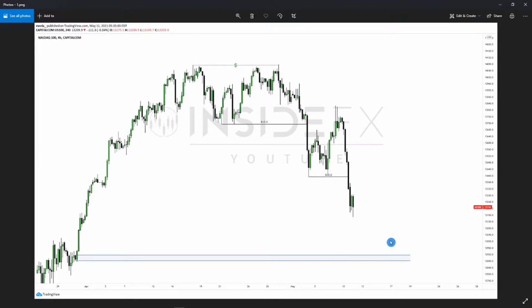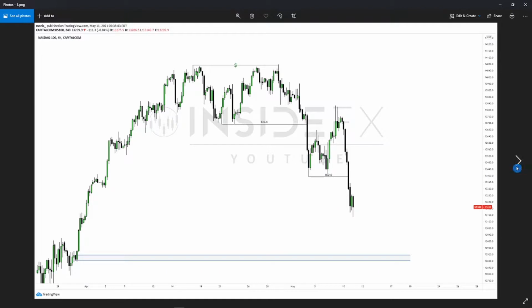Price was right here when I took the screenshot, and obviously you can see me marking out the level of demand right here. What I was waiting for was price to reach this level before making a decision whether to buy or to wait.